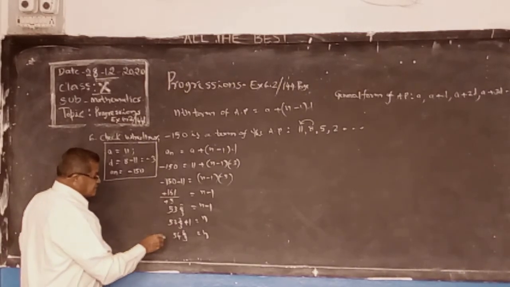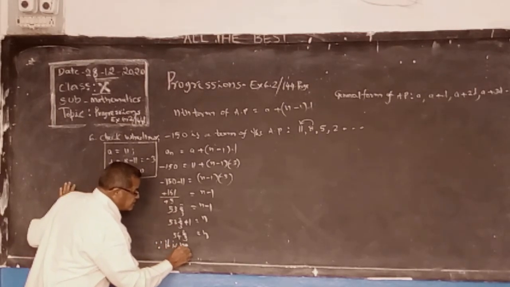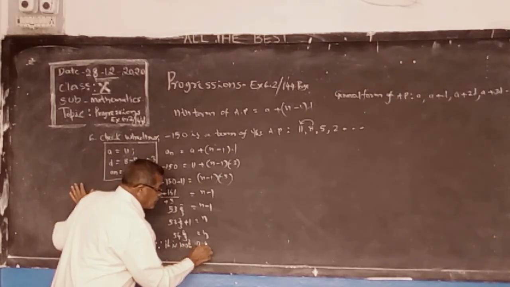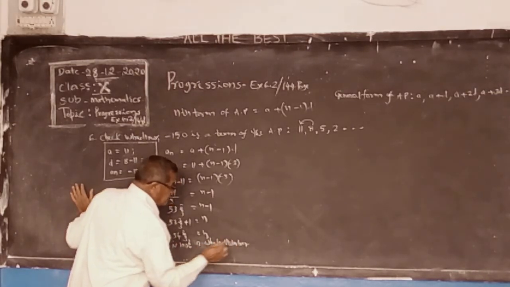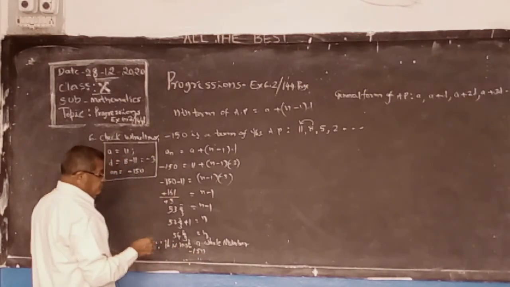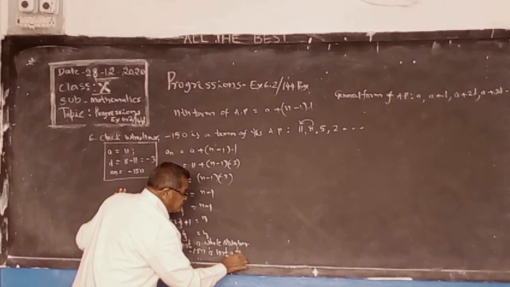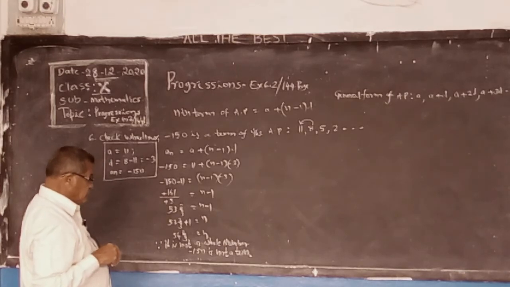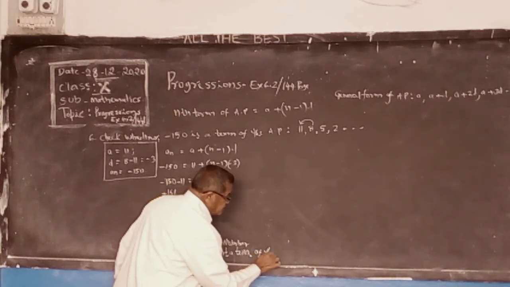Therefore, since it is not a whole number, minus 150 is not a term of the series.